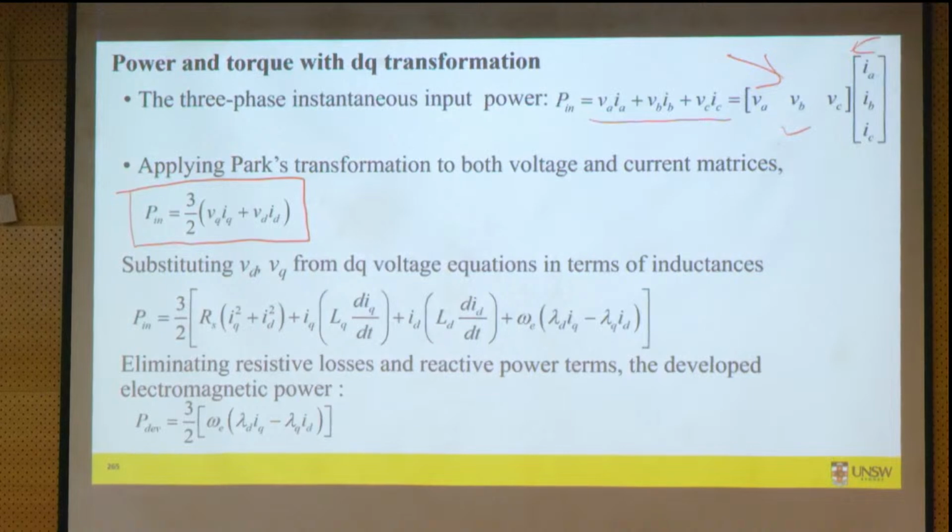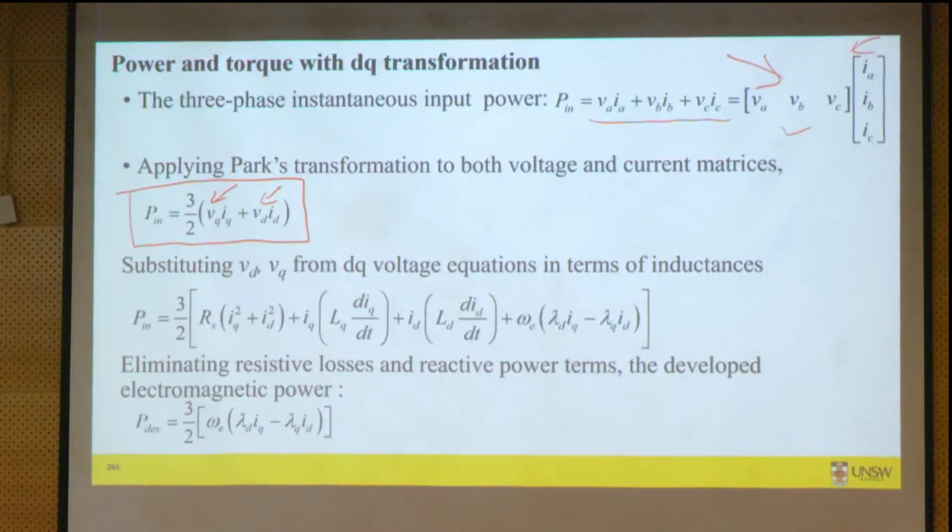If we now substitute VQ and VD in terms of the inductances and the resistances as we have previously, into this power equation, we get three distinct terms, okay? The first term relates to the resistive loss, right?